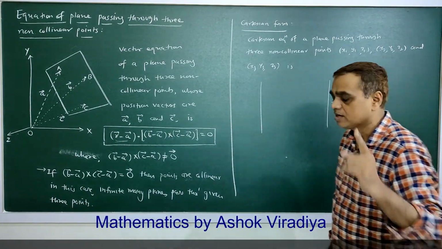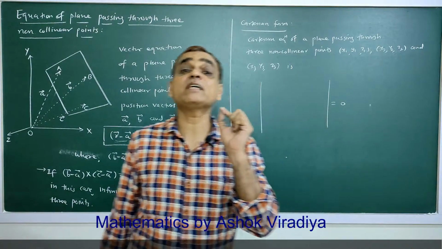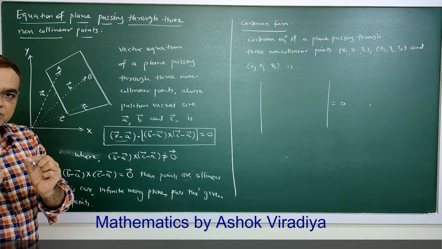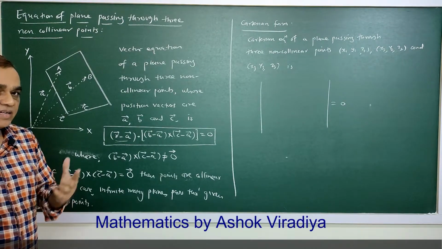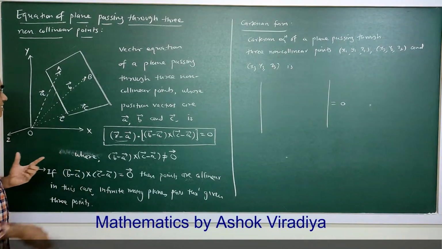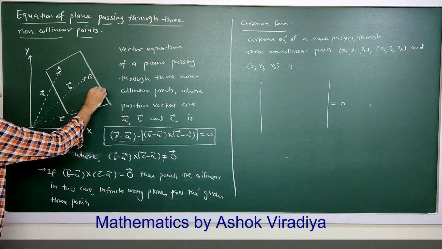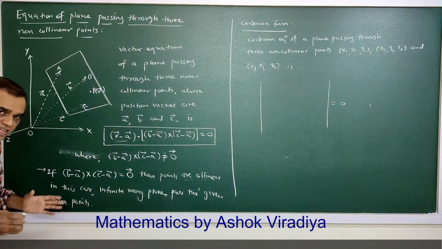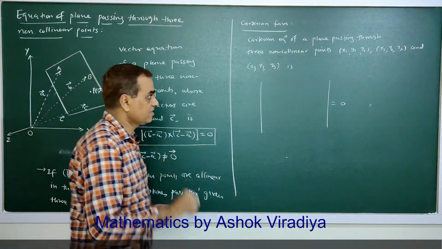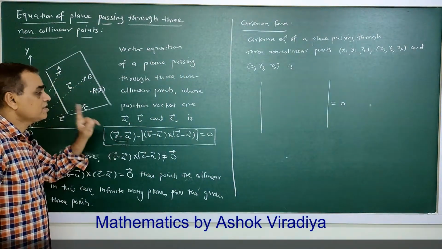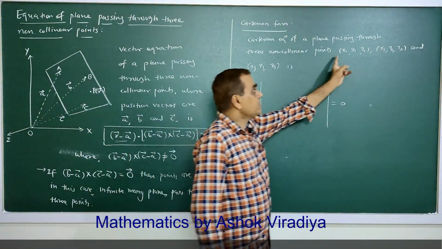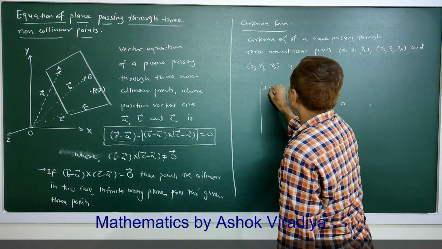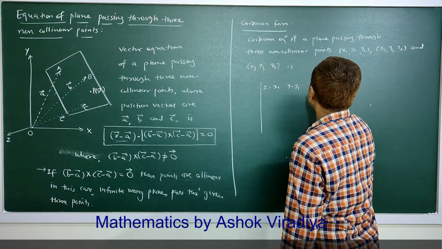See, in this whole chapter, vector r, that is the position vector of a variable point, we always take as xi plus yj plus zk. P is the variable point whose position vector is vector r. So r minus a, you can consider with the components of vector a, that is x minus x1, y minus y1, z minus z1.